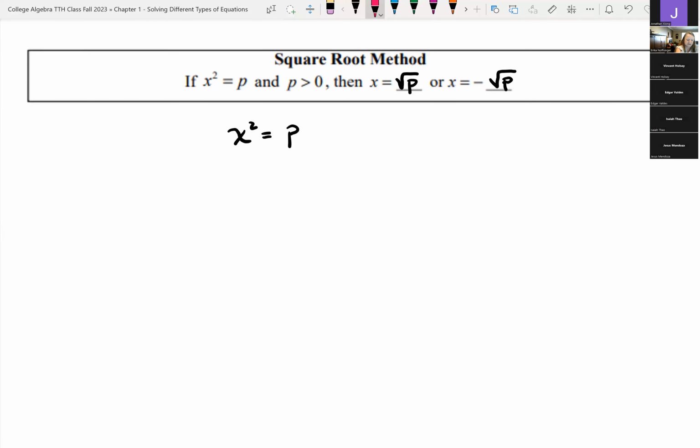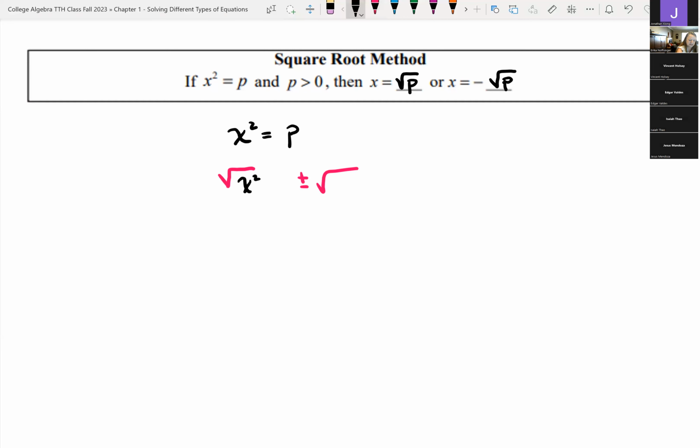All you're doing is taking the square root of both sides of the equation. But we have to put the plus or minus in front of one of those radicals. I usually put it in front of the one with a constant, because when we go back to square both sides, if we squared the negative, it becomes positive. And so that's why we need to put that in there.